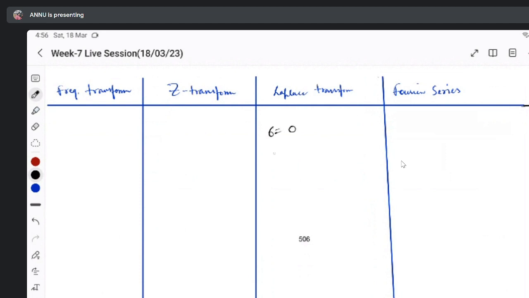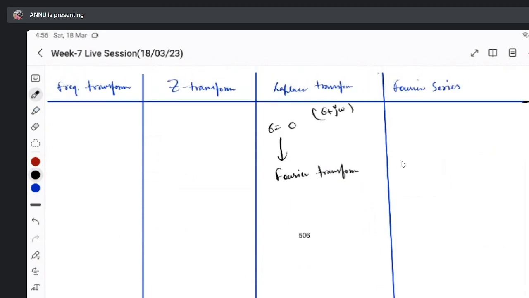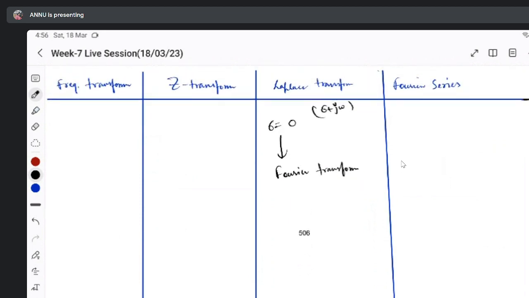Z transform is same as Laplace, except it is for discrete type. Instead of S, we use Z. Instead of S plus j omega, we use r e to the power of j omega. So conceptually both are same. Laplace and Z transform are same, except the mappings when it comes to the convergence ROC.